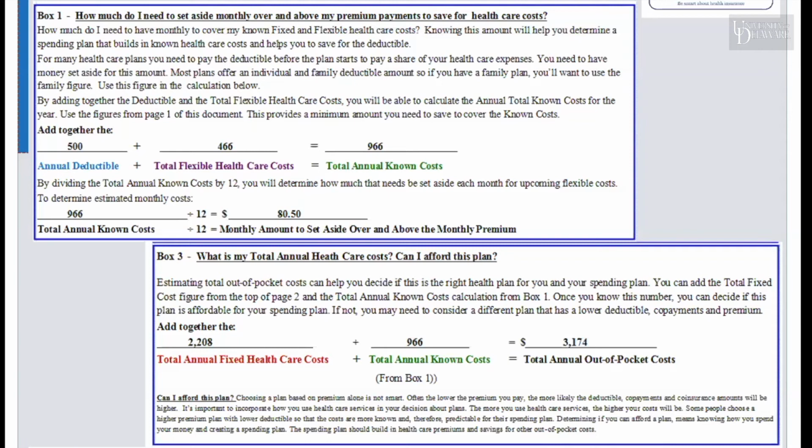Often when the premium is low, the deductible will be higher, and so will those co-payments and co-insurance rates. On the flip side, if you choose a plan that has a higher premium, the deductible can be lower, and those co-payments and co-insurance rates are also lower.